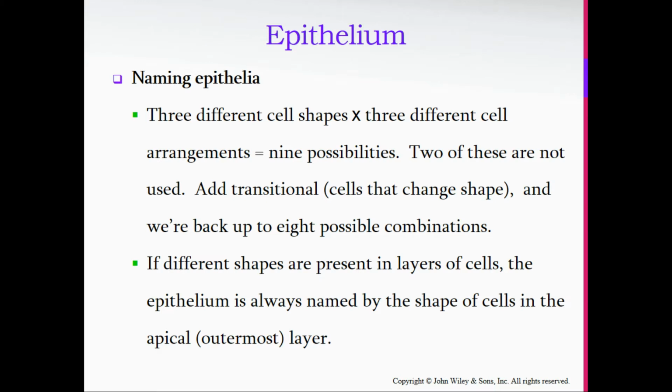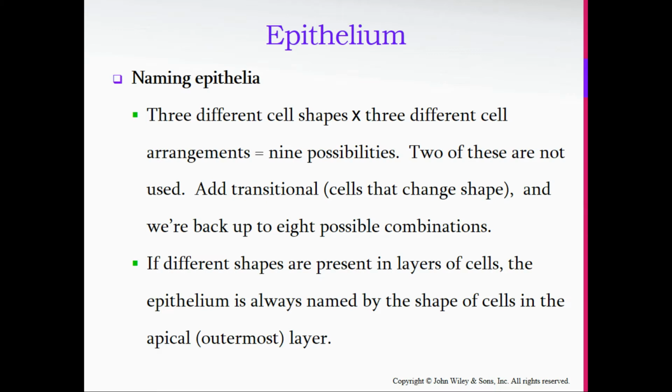If different shapes are present in the layers of the cells, the epithelium is always named by the shape of cells in the apical or outermost layer. So for example, when we look at your skin, the very most outer layers of your skin cells are squamous or flat.